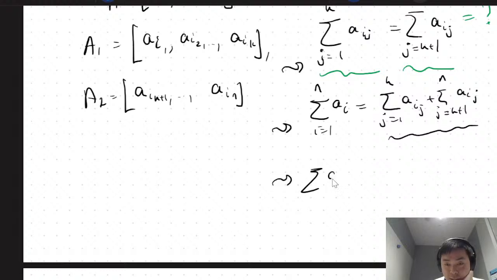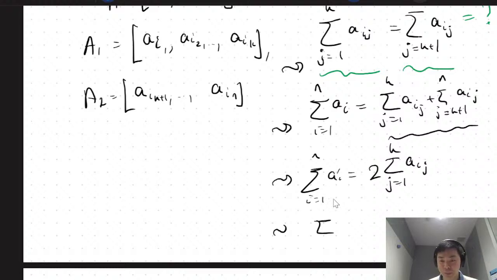So in fact, I know that the entire sum is equal to 2 times the sum of one of my partitions. And so what I know is, in fact, this number here is just half of the entire sum.